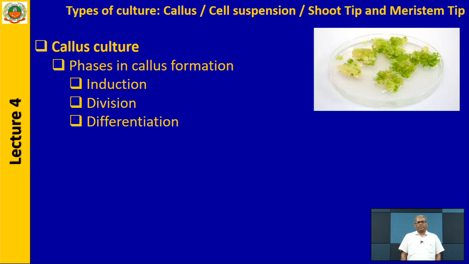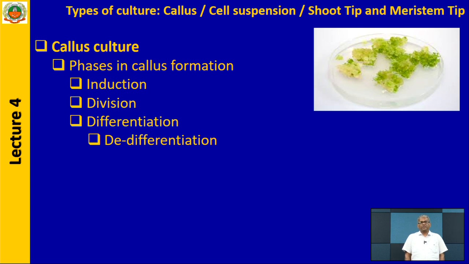They start undergoing division and they start to differentiate. As we all know, differentiation is a process by which rapidly dividing cells acquire special functions. Here in the case of callus induction, the cells are not going to acquire any special function. Instead, they are going to lose their specialized function, which we call de-differentiation.